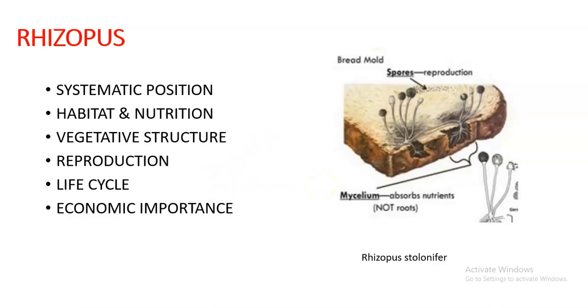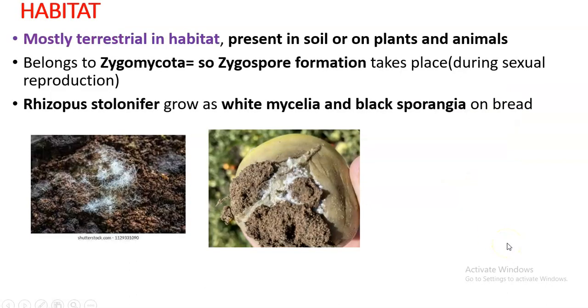So let me move. Okay, so you can see that this is the bread mold, and a commonly known and very famous bread mold of the Rhizopus genus is Rhizopus stolonifer. You can see this structure. The mycelium is white in color, and the tip which is swollen is called sporangium, that is black in color. Habitat: mostly it is terrestrial.